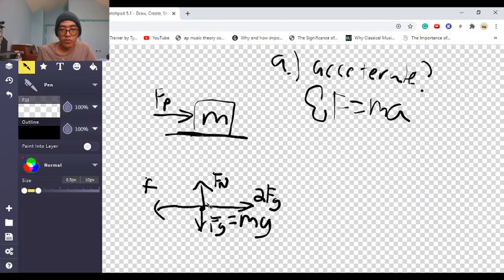In this case, we are focusing on the left and right direction. So the only force taken into account in the left and right direction, besides friction, is the force applied, or the force of the push, which is 2 mg. And we're trying to decide whether there is a net force.